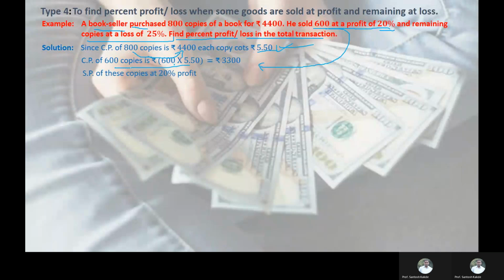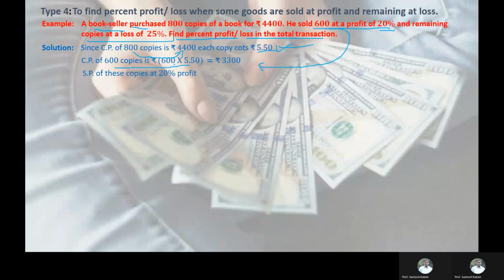So let us proceed on. Now the selling price of these copies at 20% profit. How many copies do we have to sell? We have said already, 600 copies. Now these 600 copies we sell at a price of 20% profit.